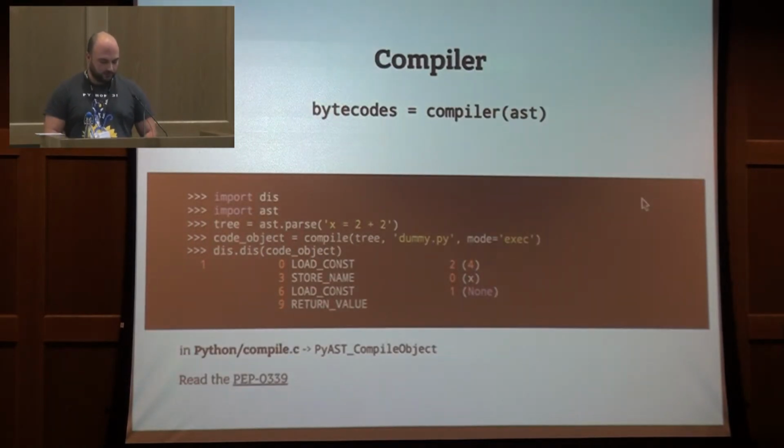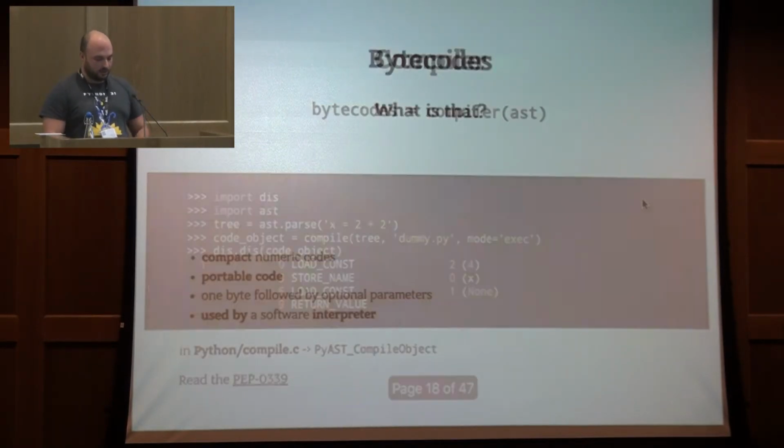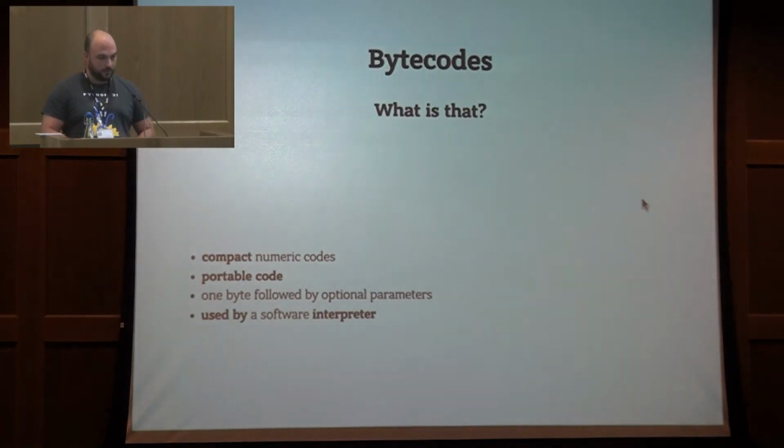How about the compiler? The compiler is just a small example. It's an emitter for the bytecode from the source. You say, I want to have this expression, and I receive a list of bytecodes. The bytecode is just a lot of compact numeric code, portable, because you can use it on Windows, Linux, and the rest.